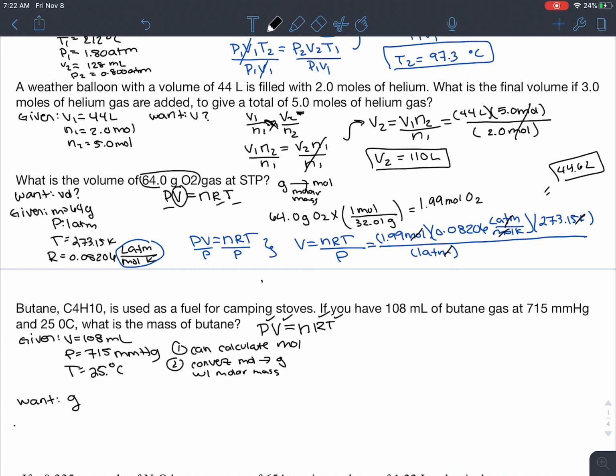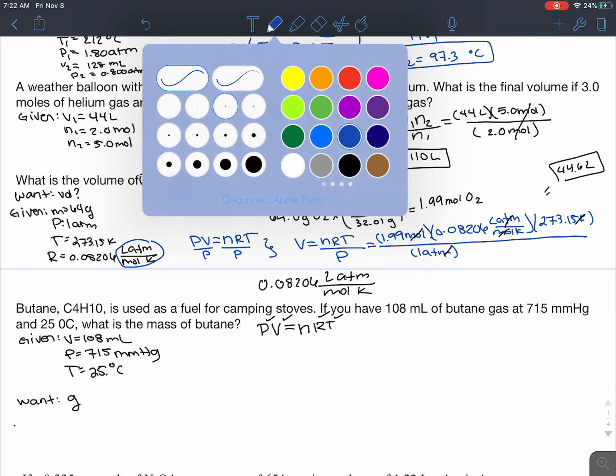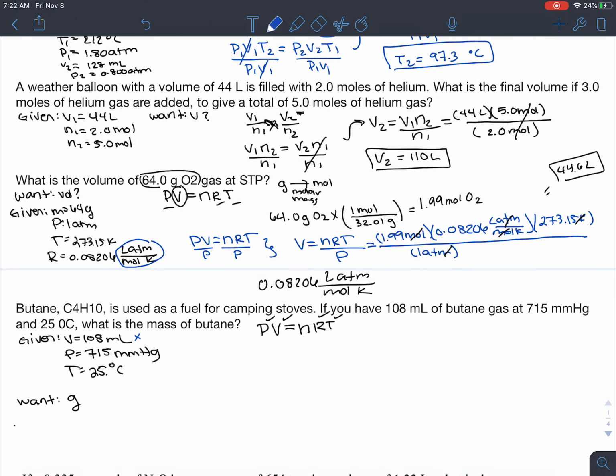Now, since I know the unit of R, I have to make sure that everything is in the right unit. R is 0.08206 liters atmospheres per mole Kelvin. So if I want moles, liters, atmospheres, and Kelvins have to cancel. All my values are not in those units, so I have to convert. My milliliters have to convert to liters. There's 1,000 milliliters in a liter. That gives me 0.108 liters.